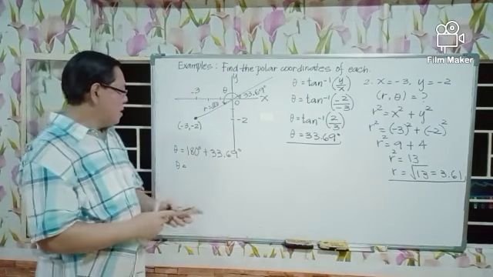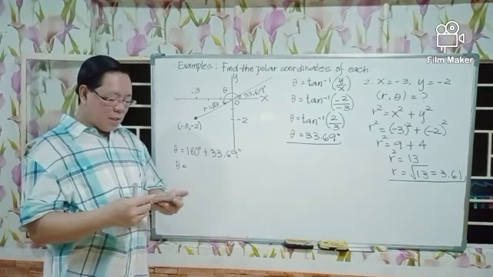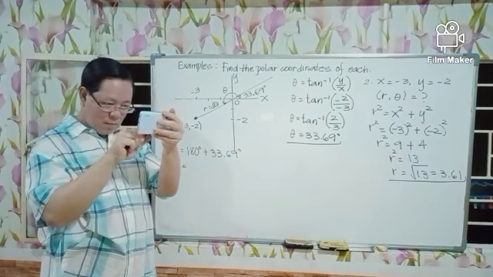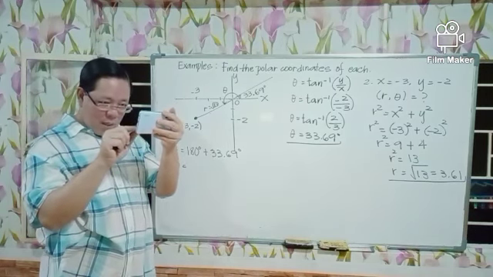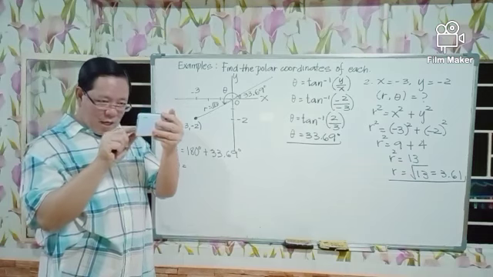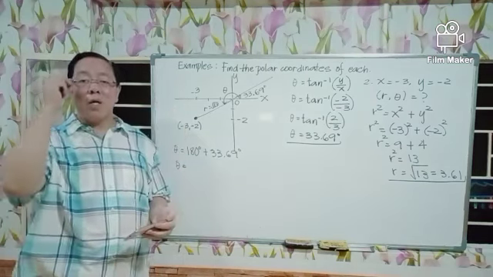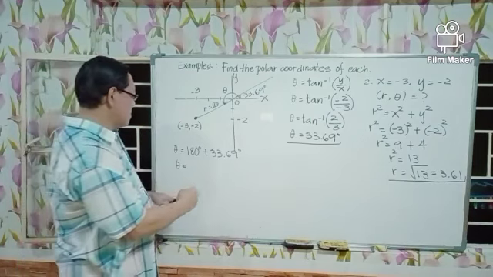We add 180 degrees plus 33.69 degrees, and you should get 213.69 degrees.